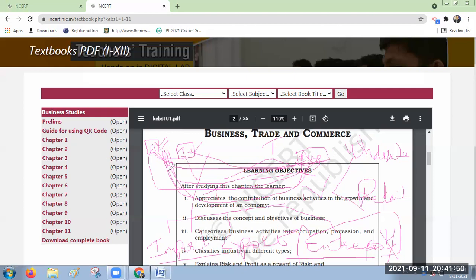We will import it from America and the same thing we will export to Australia. That is entrepot trade. Entrepot trade implies importing goods from one country and exporting the same goods to another country.